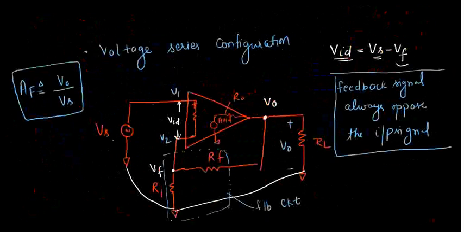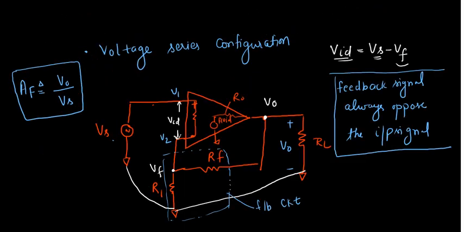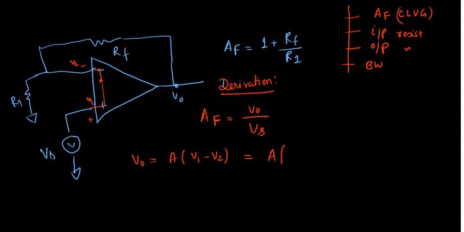Is it coming from two different voltage sources, or is it coming from a feedback and a voltage source, right? This would be the output for this device. For this device, this is the output: A times (V1 minus V2). And what is your V1? See here. V1 is Vs. V2 is Vf.